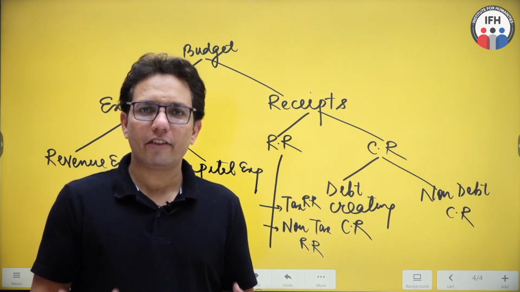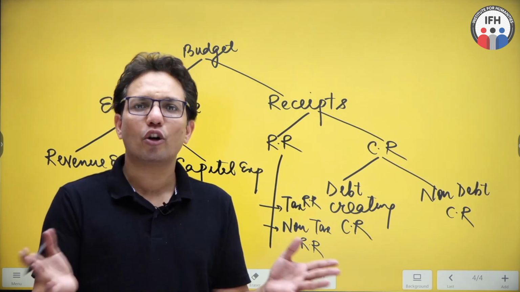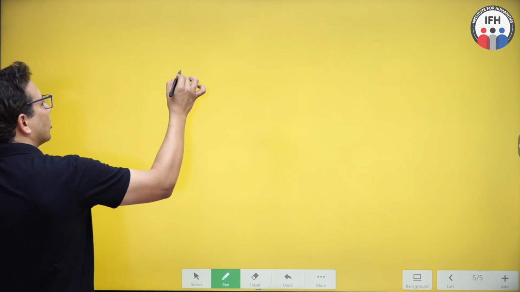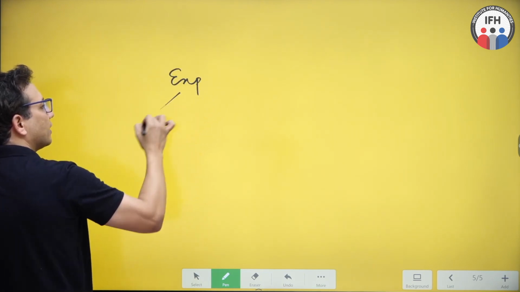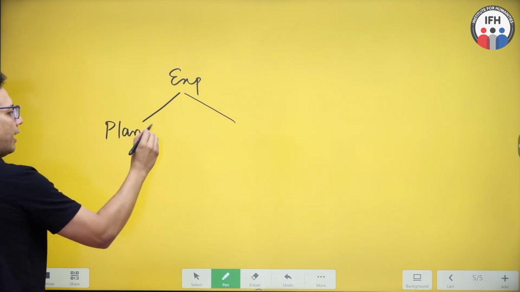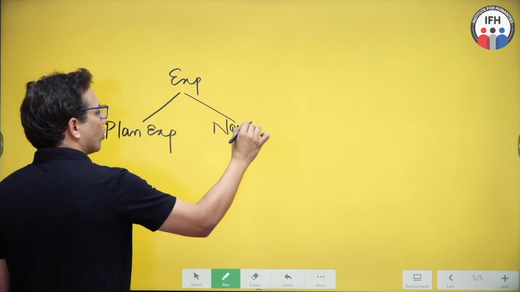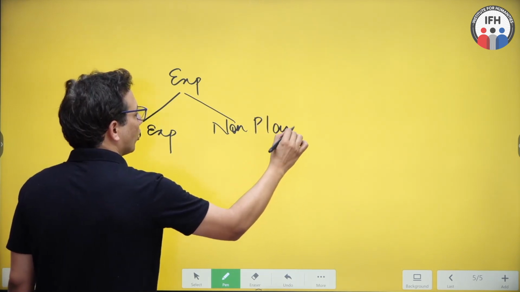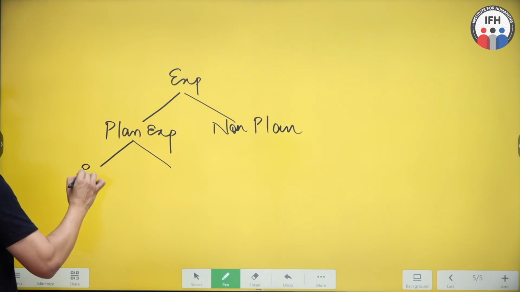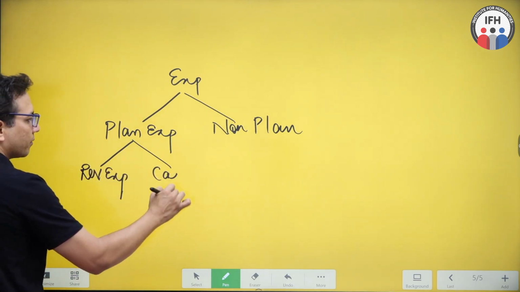Earlier when we had 5-year plans, then the expenditure was classified into plan expenditure and non-plan expenditure. So that we had expenditure as plan expenditure as it was mentioned in 5-year plan, and non-plan expenditure which was not mentioned in 5-year plan. Plan expenditure was also of two types, revenue expenditure and capital expenditure.